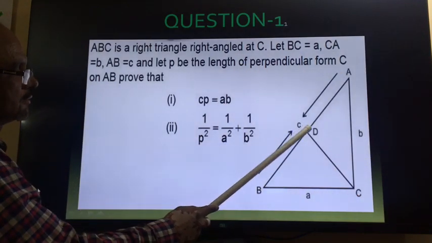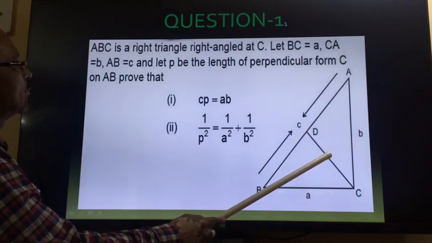So from C, CD is a perpendicular, it is given, it is equal to p.